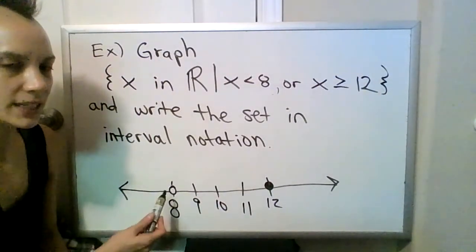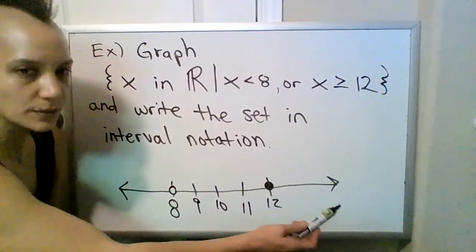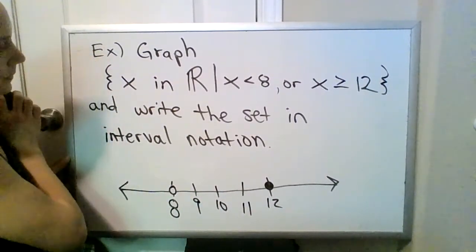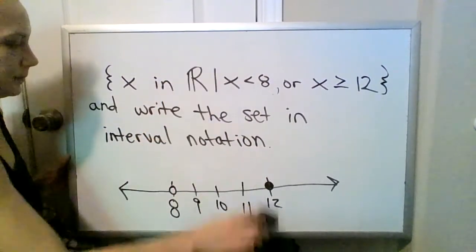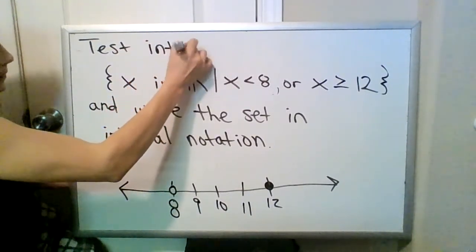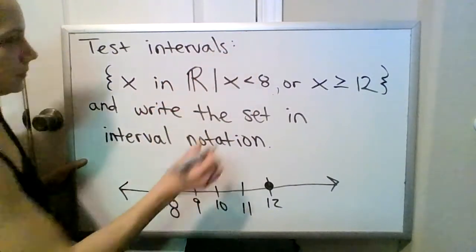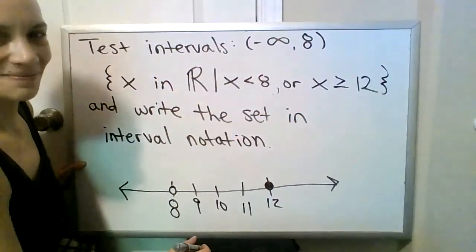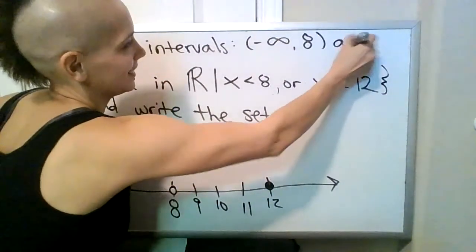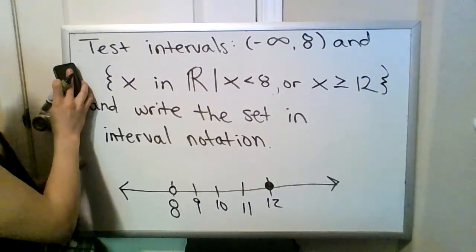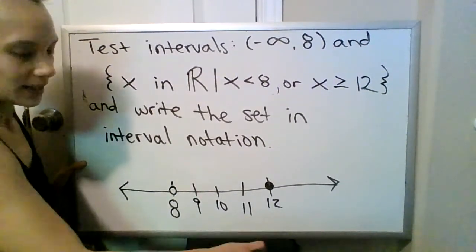So we're testing from negative infinity to 8, between 8 and 12, and then from 12 to infinity.